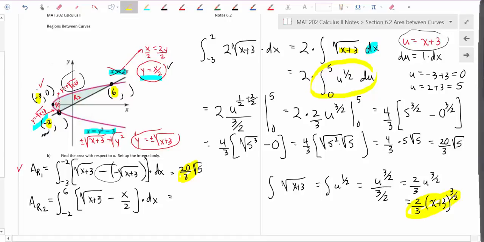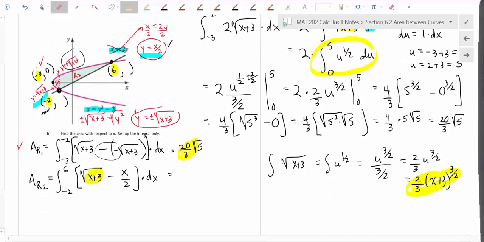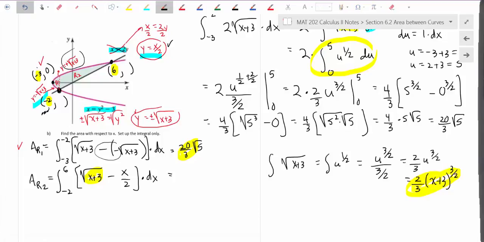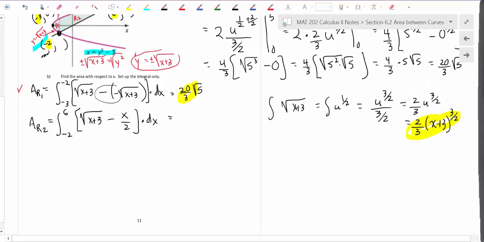So when I did the antiderivative of the square root of x plus 3, I should get this. Okay, so our antiderivative on this is going to be, I wish I wouldn't have erased that because I just forgot what I wrote. Okay, there it is.